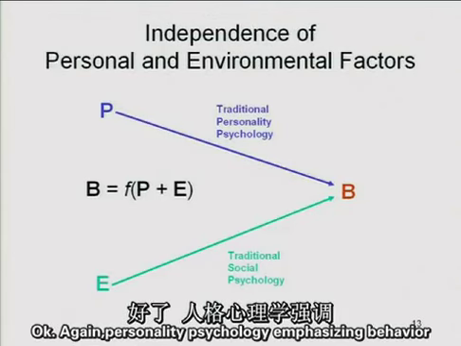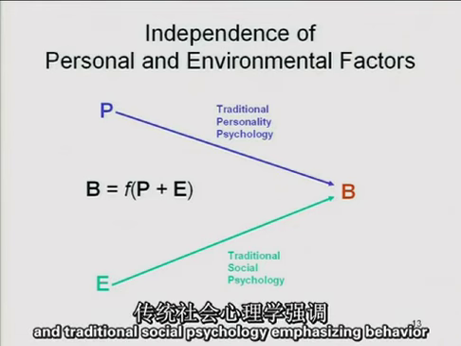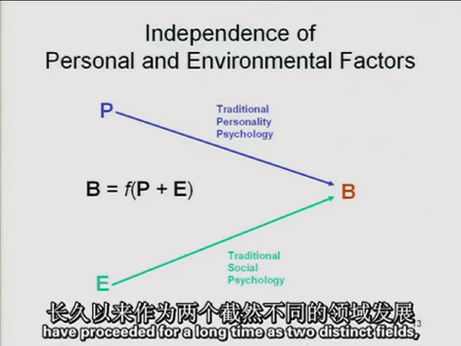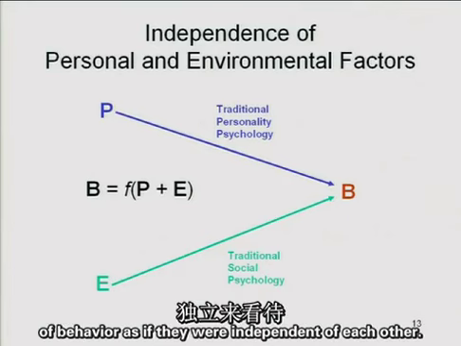Okay. Again, personality psychology, emphasizing behavior as a function of the person, and traditional social psychology, emphasizing behavior as a function of the environment, have proceeded for a long time as two distinct fields, basically treating personal and environmental determinants of behavior as if they were independent of each other.